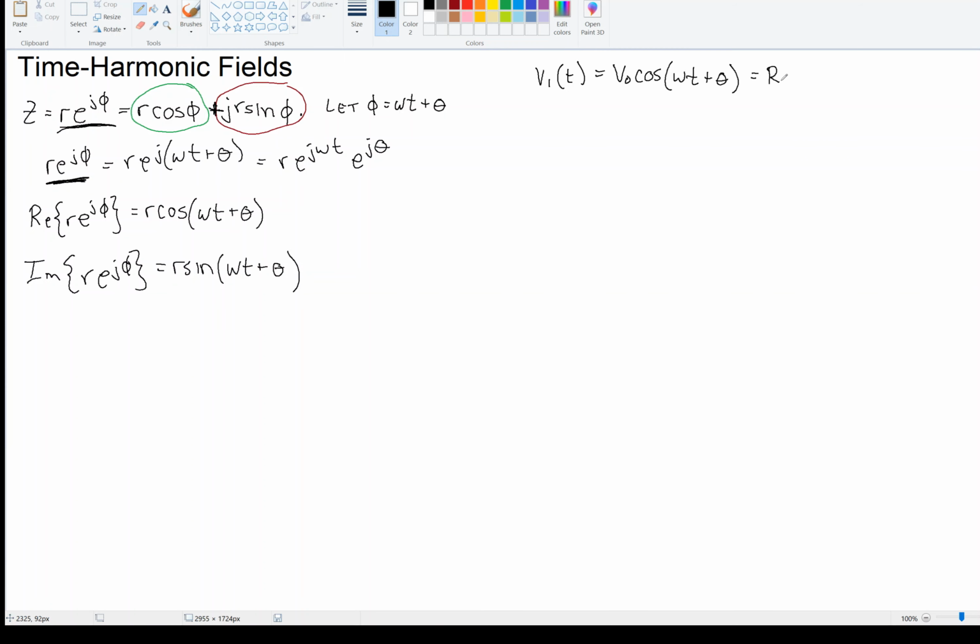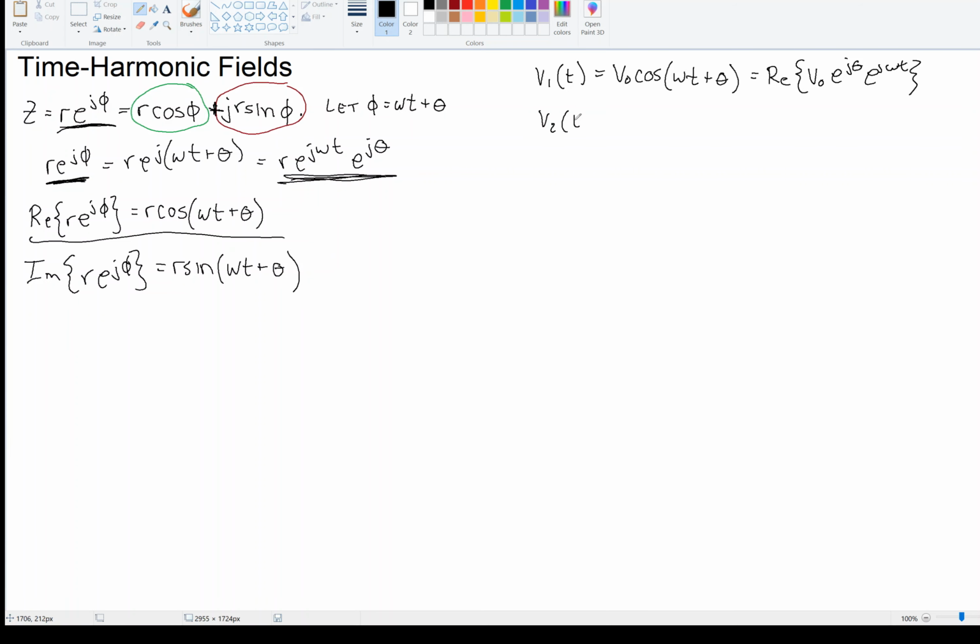I can alternatively write this as the real part of V0 e to the j theta e to the j omega t, based on what we just said. You see, r is V0, and then we factor out the time dependence like that. This might seem a little strange depending on how comfortable you are with complex numbers.